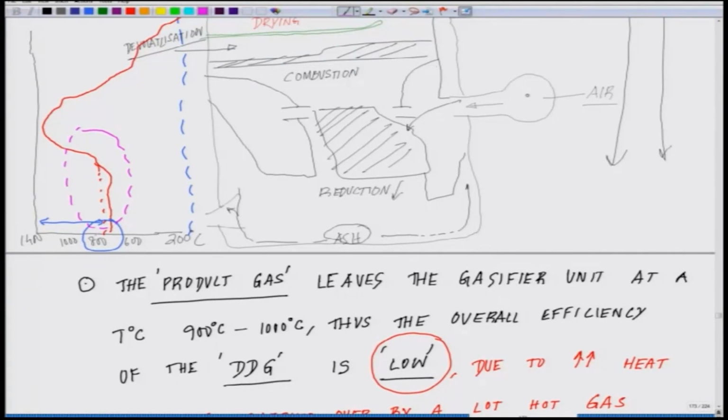So, look at this region. You can have the graph shifted a little more like this also. This is the zone where a lot of tar is being taken care of. The yellow hatching you are seeing is where the tar is being taken care of.